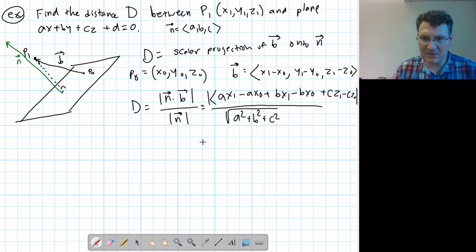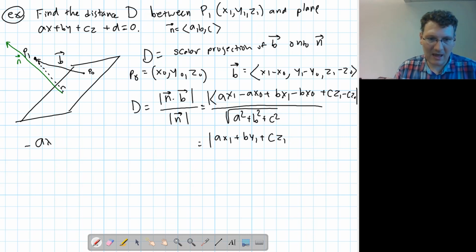Now, if we go up in the numerator, we can collect the x1, y1, z1 terms: ax1 plus by1 plus cz1. And remember earlier on, minus ax0 minus by0 minus cz0, we define that as lowercase d.